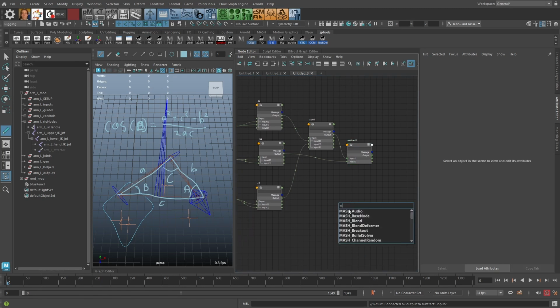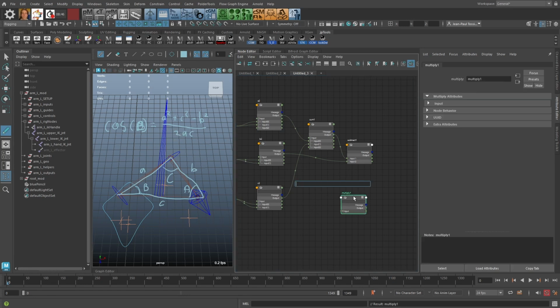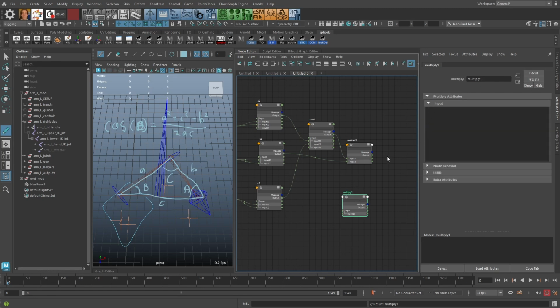So this is another multiply node. For that we need a static value of 2, so I'm not sure if this node, if you break the connection, gets removed as well. So let's just try that for now.